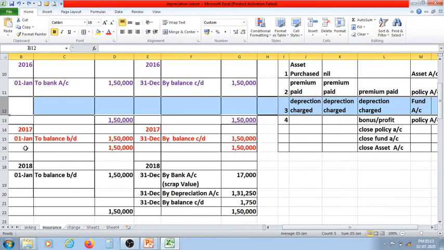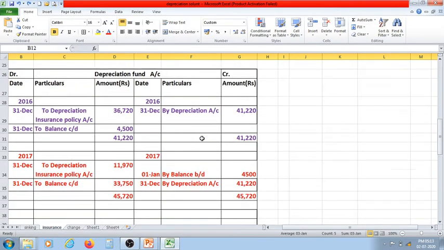Then, once we close this account, we go to close the depreciation fund account. Even in the depreciation fund account, what happens? The surrender values are given. When you are given the surrender values, you have to always observe how much is the closing balance in that first year. In the first year, the problem mentions it is 4,500.